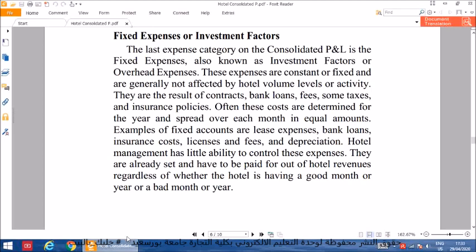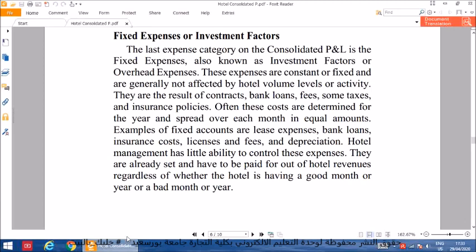Hotel management has little ability to control these expenses, the same as we did study in the third year when you did study cost accounting.